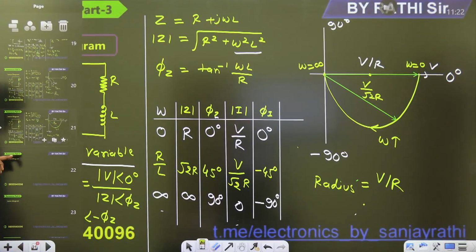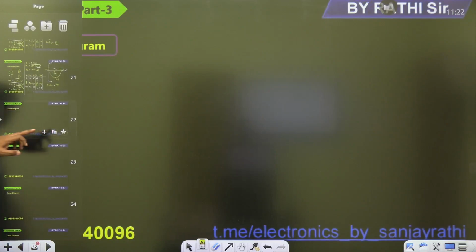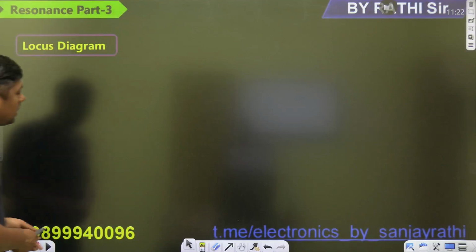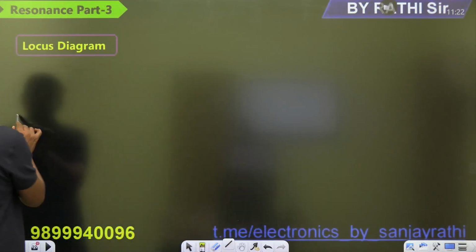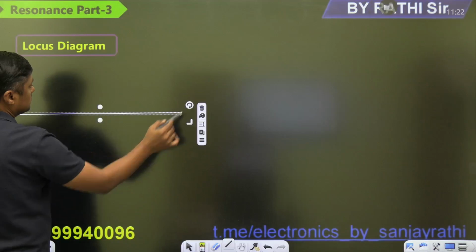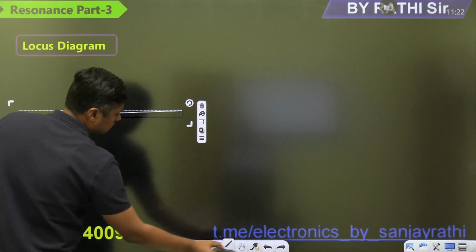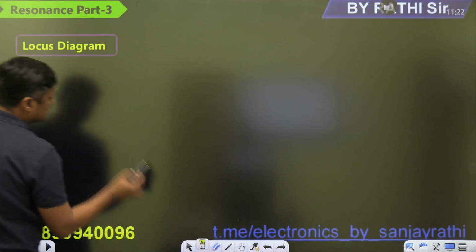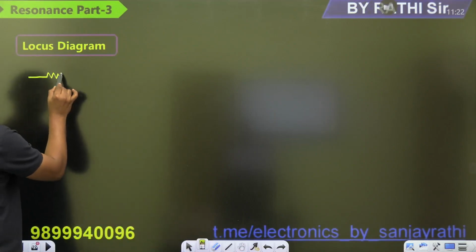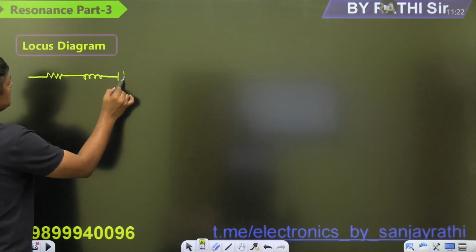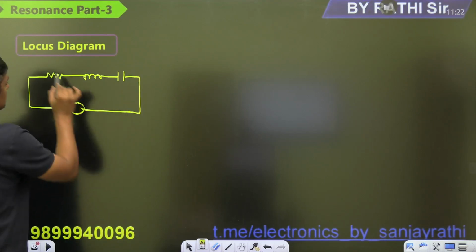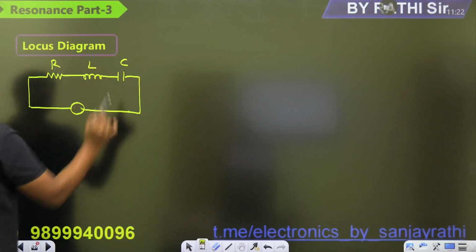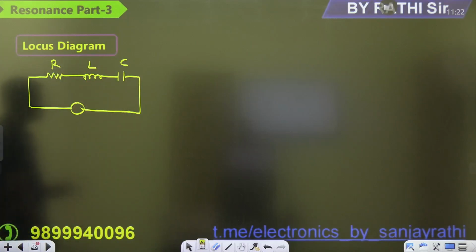Now I am talking about the RLC circuit. For example, if you have the RLC circuit, this is R, this is L and this is C. Radius V by 2R, so what did I write?